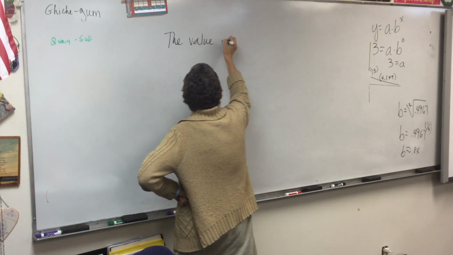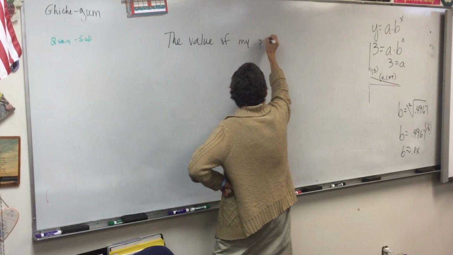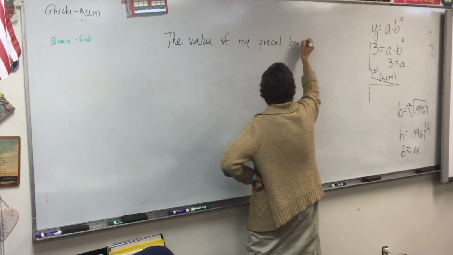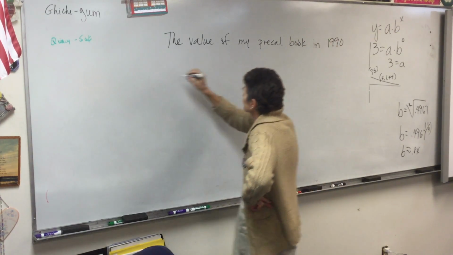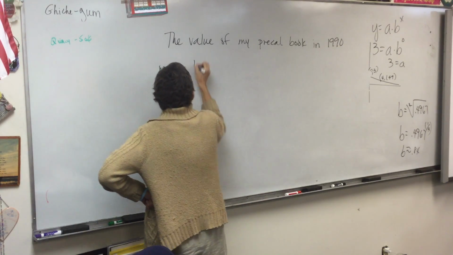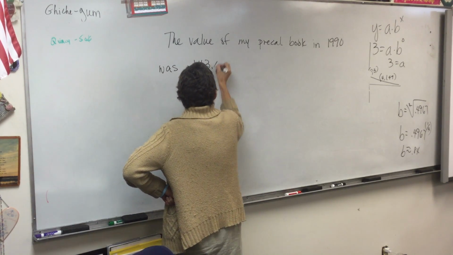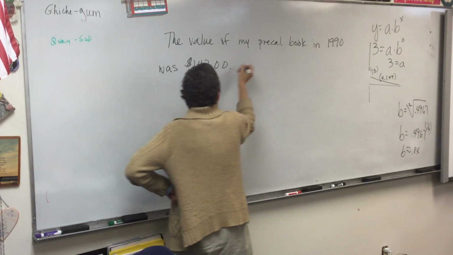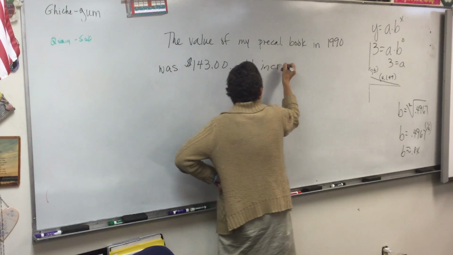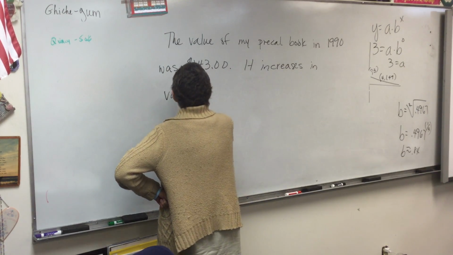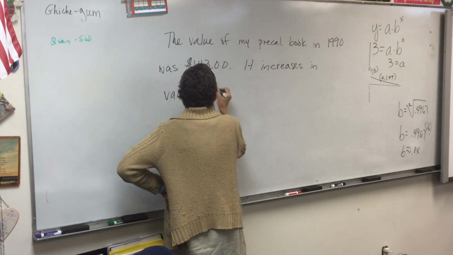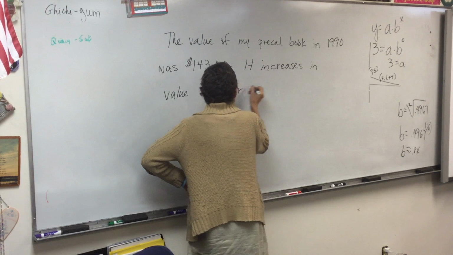The value of my pre-cal book in 1990 was $143. It increases in value, of course it increases, 8% per year.